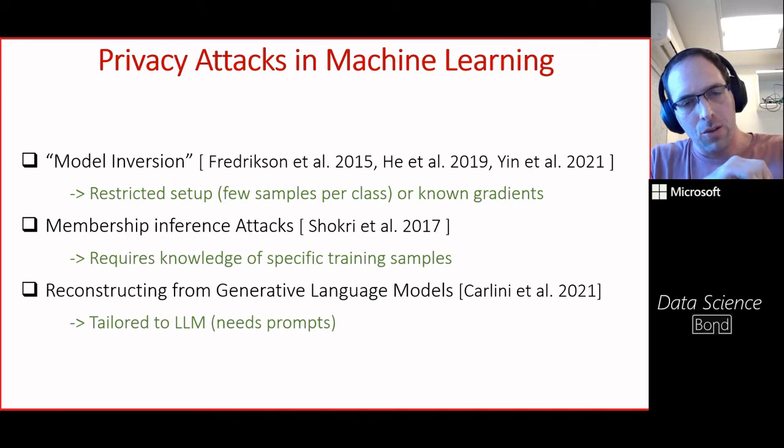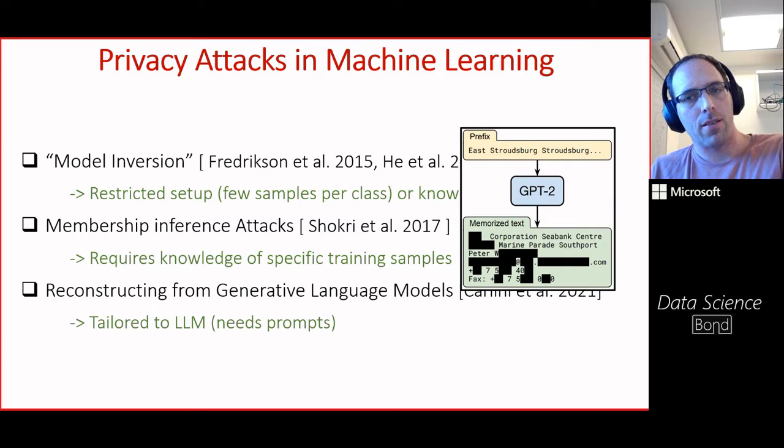And just another interesting thing, which is related to the big hype of large language models. There were also some nice works trying to reconstruct data from large generative language models, for example, by Carlini et al.